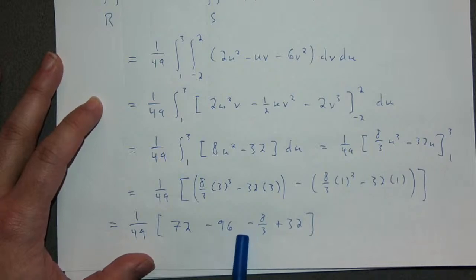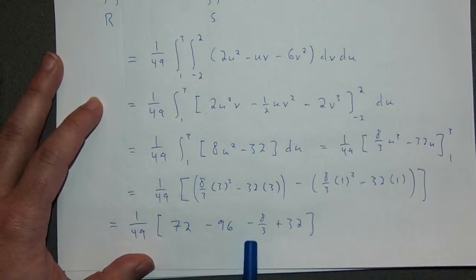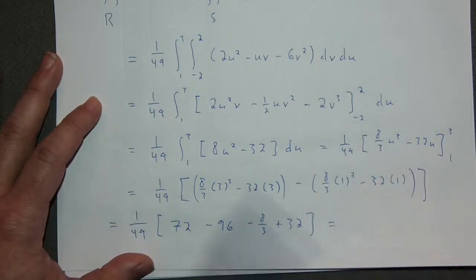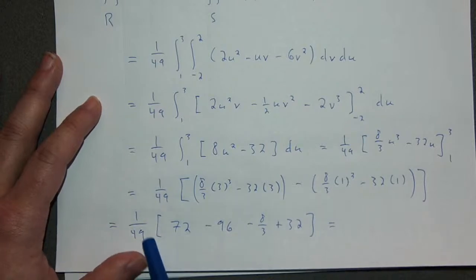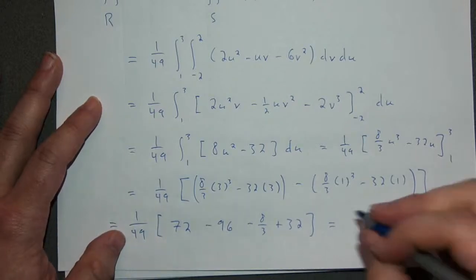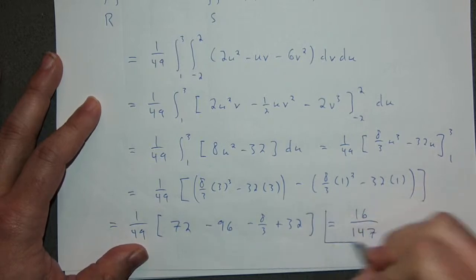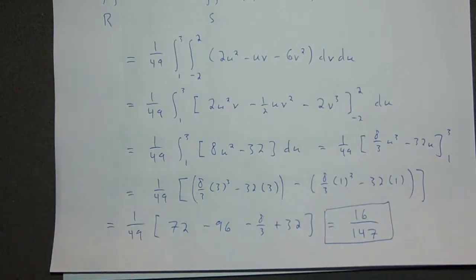So this is 8 minus 8/3. If I put both of those over thirds, this would be 24/3 minus 8/3, so 16 over 3, times 1/49. 3 times 49 is 147, so this is 16 over 147.